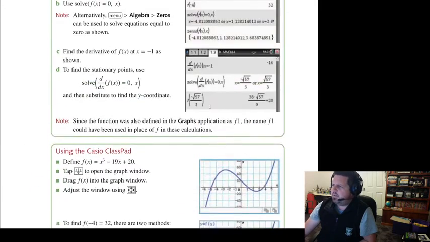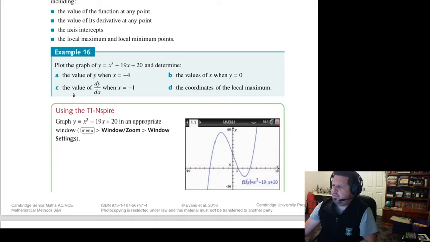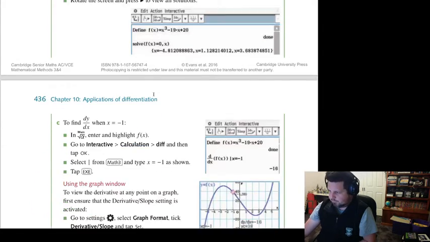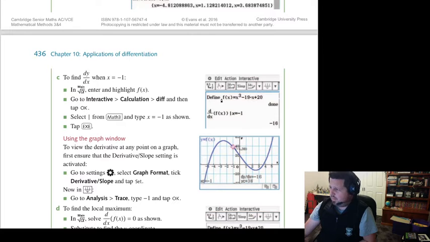This one here was asking you to find the value of dy/dx when x equals -1. Saying calculate the derivative when x equals -1. Cool, so again, you can do it in the math section. You've got the function defined. You can go to interactive calculation and for differentiation, which pull up that.